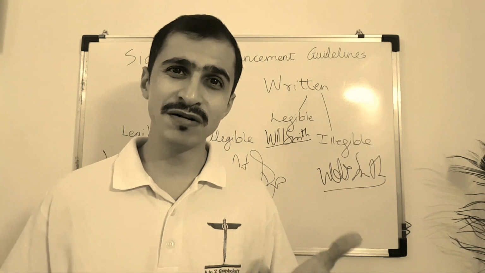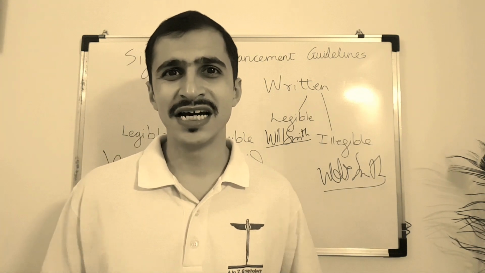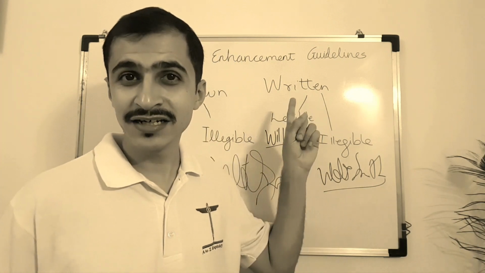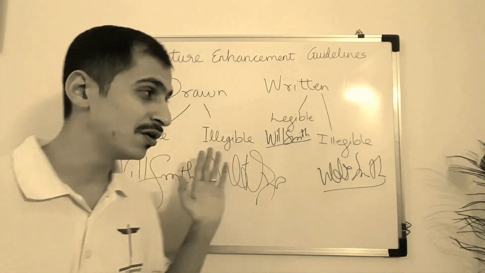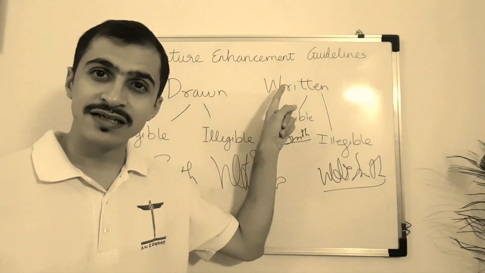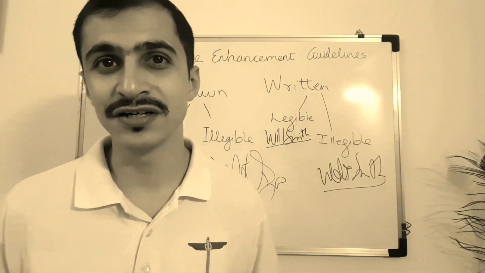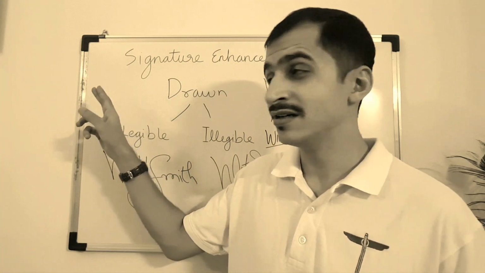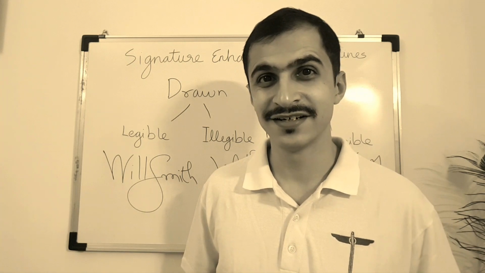But otherwise, if you're a normal person just getting your job done, just doing your work, your business, having a normal family life, and you don't want too much of a mess, then a written legible signature is the ideal. So out of all these four options, the written legible is the most recommended. Of course, you can go for whatever you choose. If you can manage a drawn legible signature, then you're a genius.